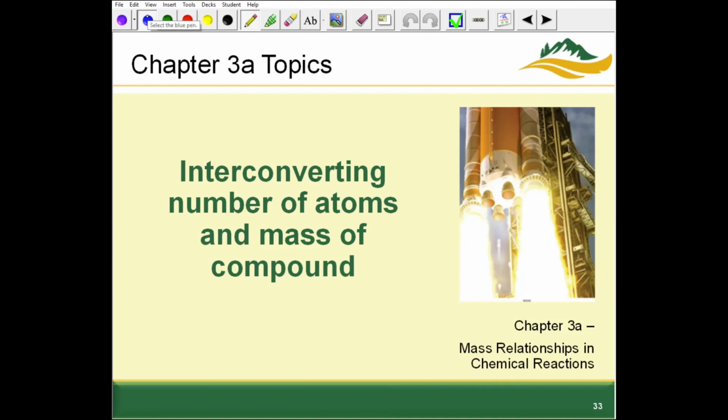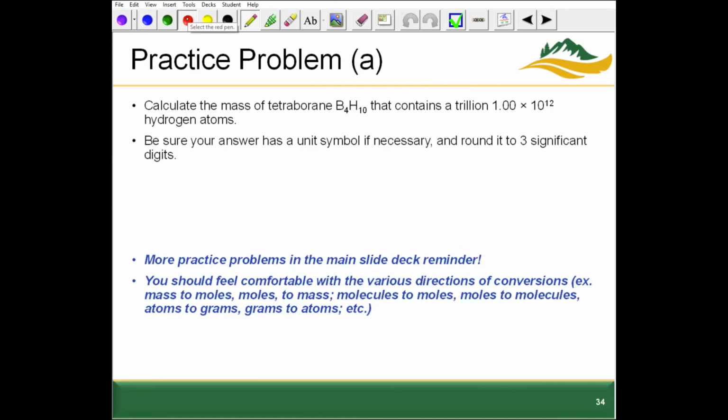This next topic, we've actually already gone through an example, but it's really important to get a lot of practice here. So here, interconverting the number of atoms and the mass of a compound. This should sound familiar. It's going to be good to get, again, a lot more practice on this. So here in this practice problem, calculate the mass of tetraborane that contains 1 trillion hydrogen atoms.